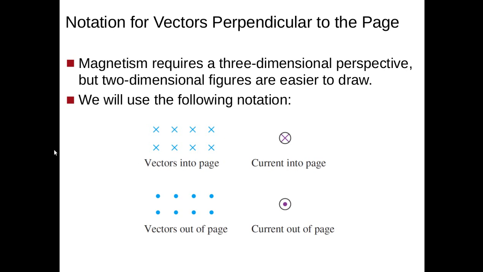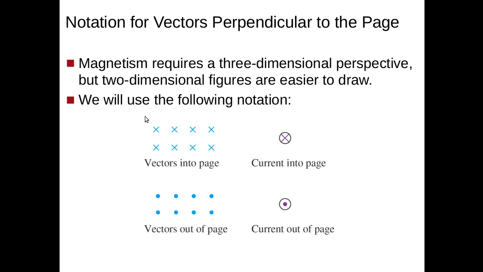We've got vectors in the X direction, vectors in the Y direction. Those are arrows we can draw on our paper. But if we have a vector that's going into the page, like if you point your finger towards the screen of your laptop or device, that's a vector going into the page.